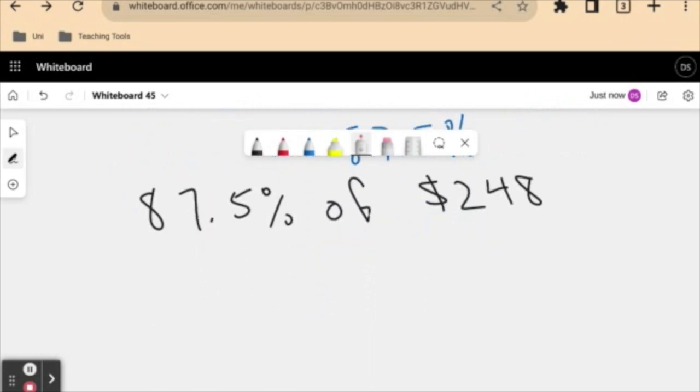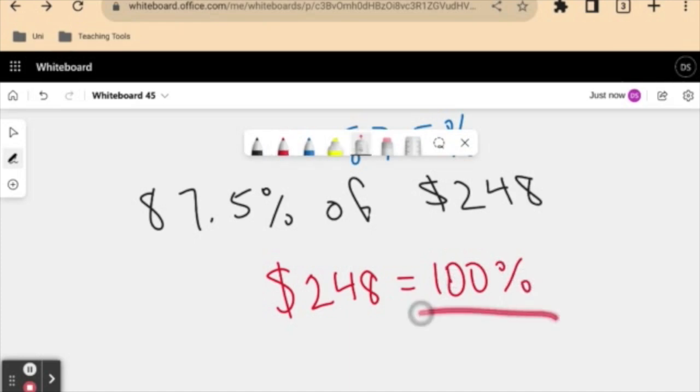Now, to give you a bit of revision of the unitary method while we're here as well, let's look at that procedure here. We can use percentages of a quantity. We can use the unitary method. We can use a bunch of different methods, but I really like the unitary method, so I'm going to use that one here. Feel free to use your own in working through this question, but I'm going to say that $248 makes up 100%.